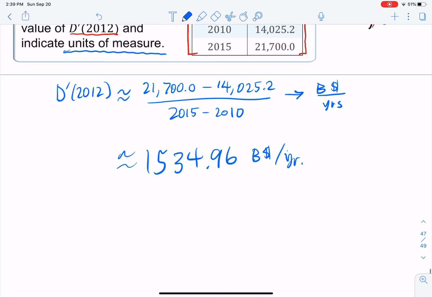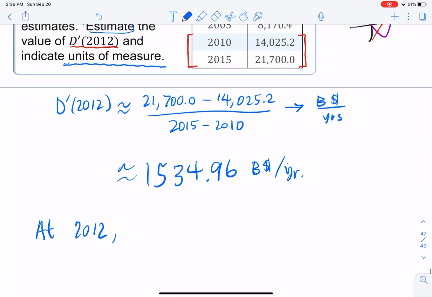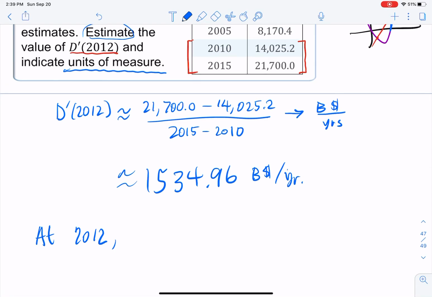So I'm going to say something like this. At 2012, there's a speedometer on this debt rate. And when I say speedometer, it's more like a velocity because it has a sign with it, right? It has a direction. And in this one, it's increasing. It's a positive number.